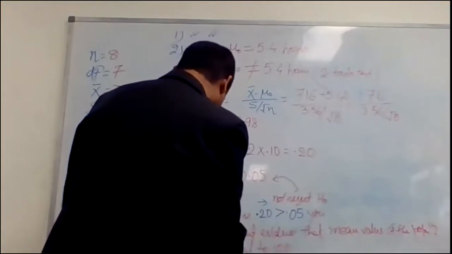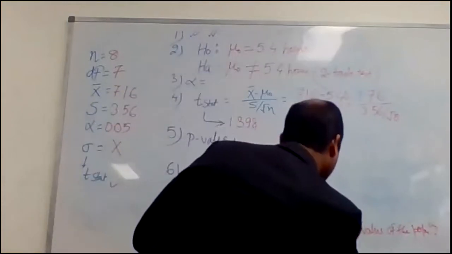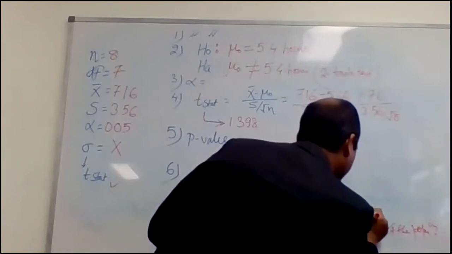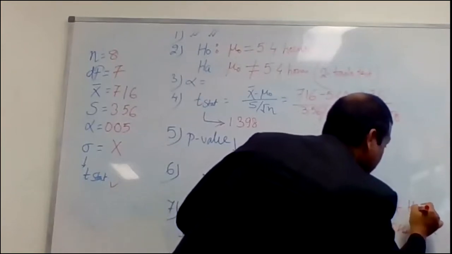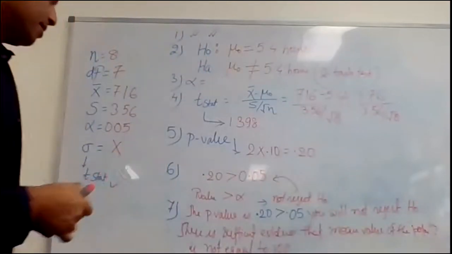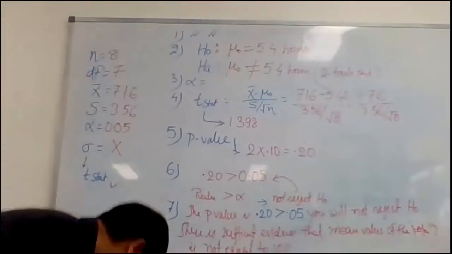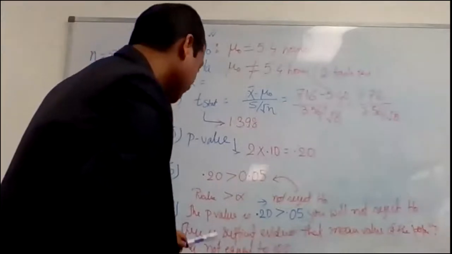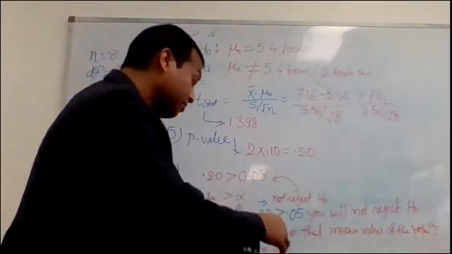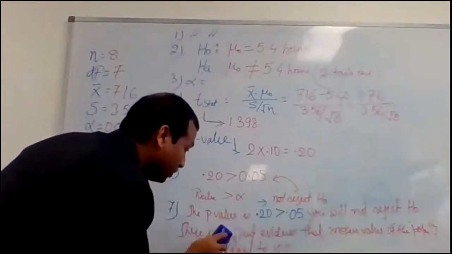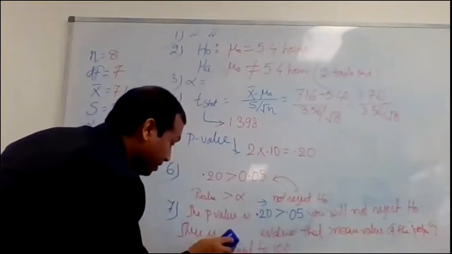So you will not reject the null hypothesis. And then we can say, in the last case we used the words sufficient evidence. Now we'll say there is insufficient evidence.